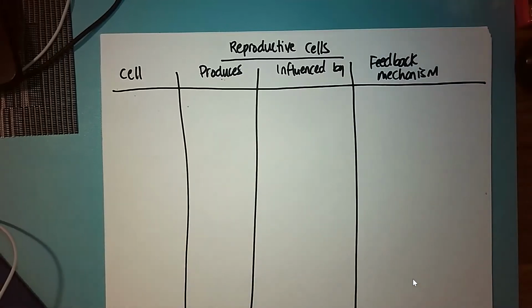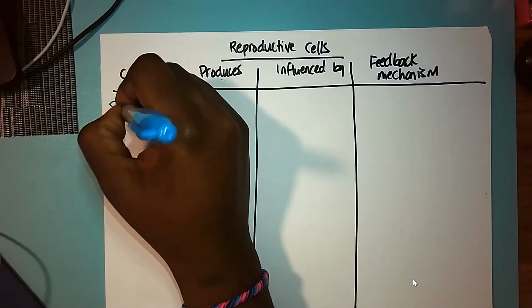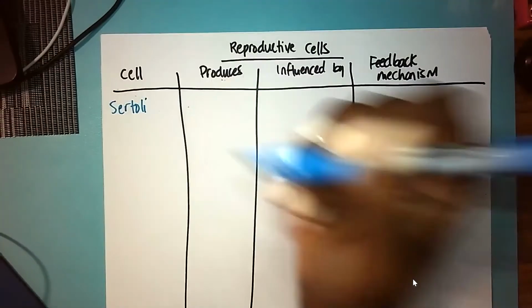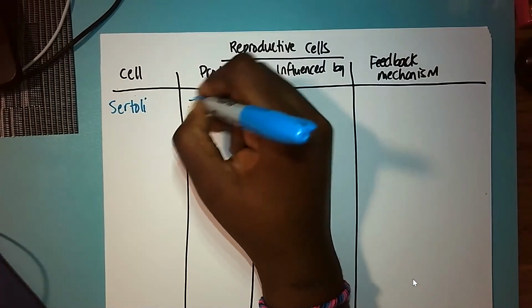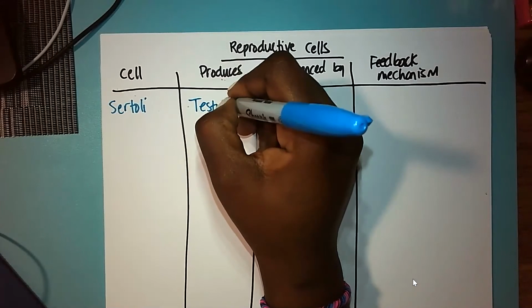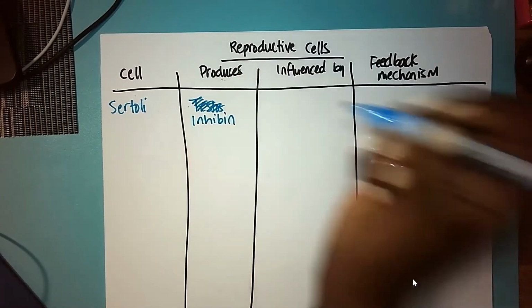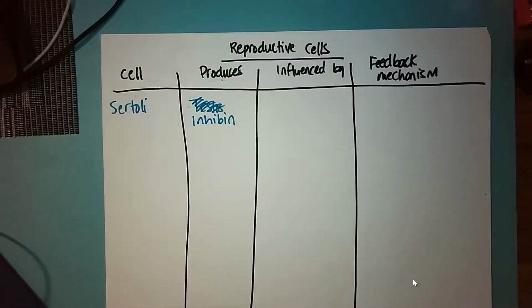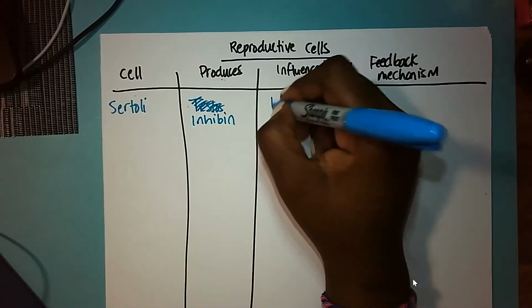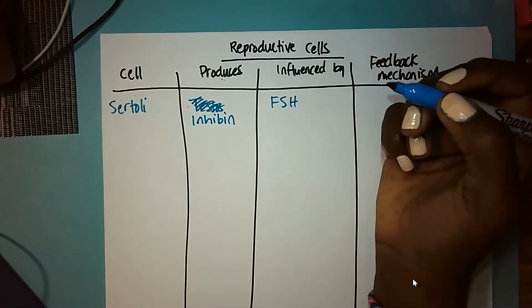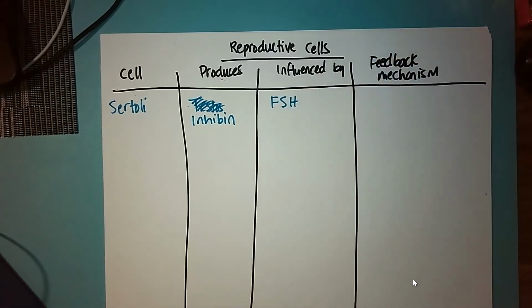So we start off with the Sertoli cell in males. This is going to produce two things, testosterone, not testosterone, excuse me, inhibin. And then its other function is that it is influenced by FSH to produce this inhibin, as well as to help with sperm development.